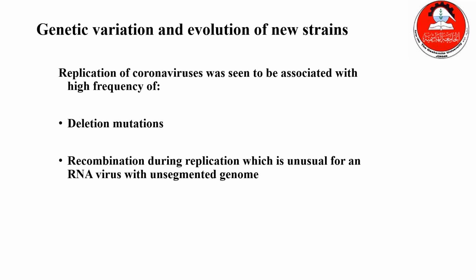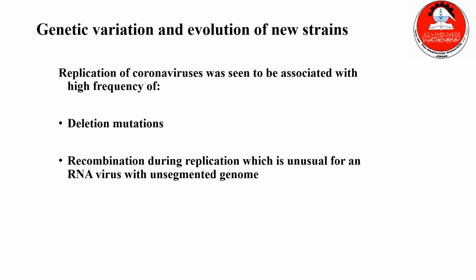It replicates in the cytoplasm, so replication occurs via the RNA-dependent RNA polymerase of the virus. So there's a high chance of deletion mutation, and there is a high chance of recombination during replication, which is unusual for an RNA virus with an unsegmented genome. It's not as easy as in a segmented genome, such as the influenza virus.